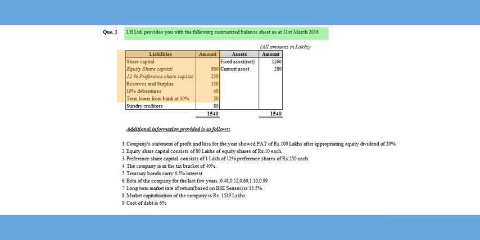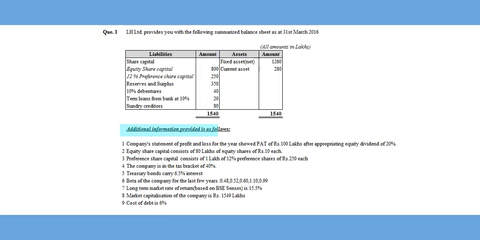Long-term debts of the company consist of 10% debentures and term loans from bank at 10%. Sundry creditors amounts to rupees 80. Assets of the company constitutes fixed assets to be rupees 1260 and current assets worth rupees 280.